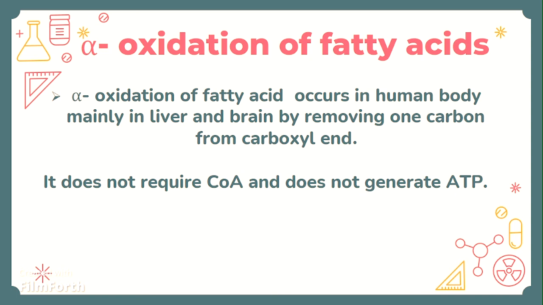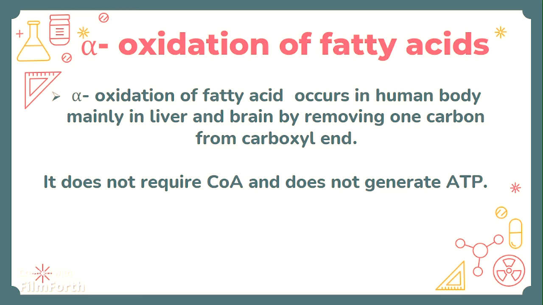The alpha oxidation of fatty acids. This is the minor pathway for oxidation of fatty acids. This oxidation occurs at the alpha carbon atom. It does not require coenzyme A and does not generate ATP.